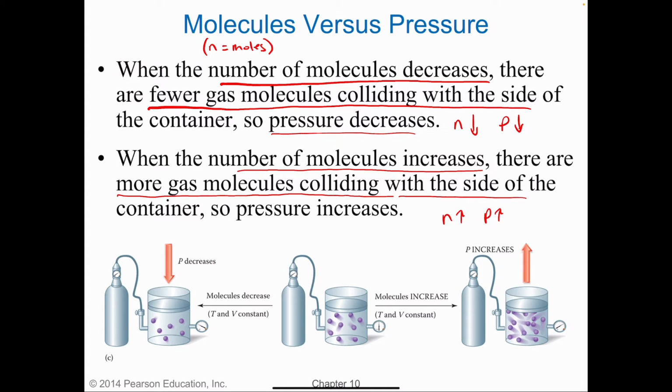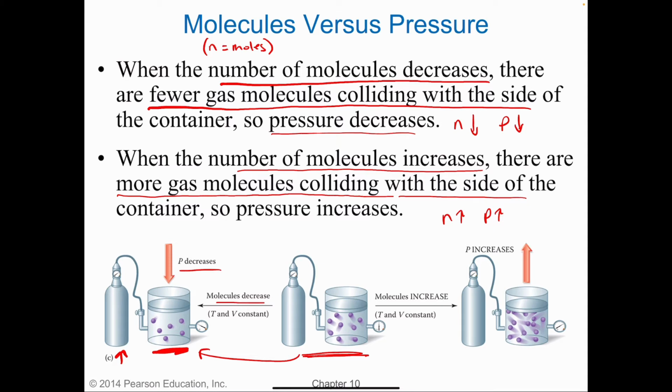So in this example, notice we've got an extra little thing on here. That's kind of like a gas cylinder. And what we're doing is we're injecting or removing some gas. So here's our initial one, and we say molecules decrease. So it's like we leaked some gas out of the container, and you see there's fewer little purple circles in their drawing. So as the number of molecules goes down, the pressure also goes down.